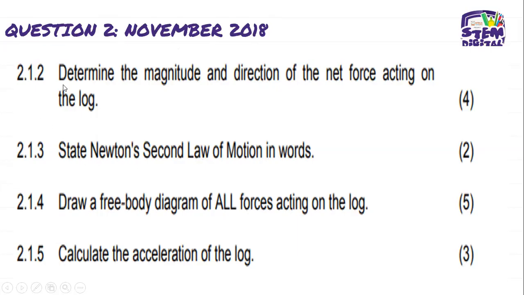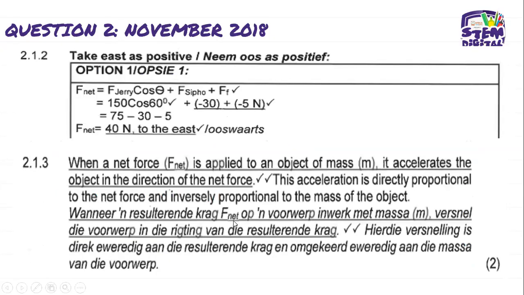If they say to you, determine the net force, and they don't specify direction, the fact that they just say determine the net force acting on the object, rather on the log, then you must know that most definitely they must be wanting the magnitude and the direction, because net force is a vector quantity. Right, and hence we've given there 40 newtons, and because it was positive and we chose east as positive, it means our net force is 40 newtons to the east.